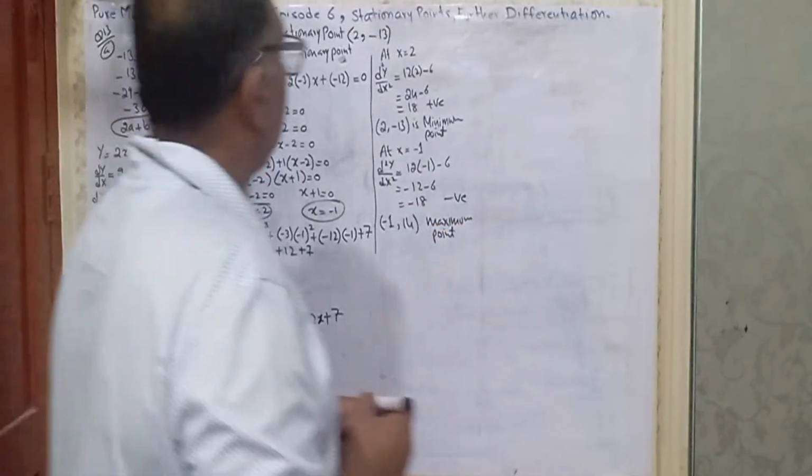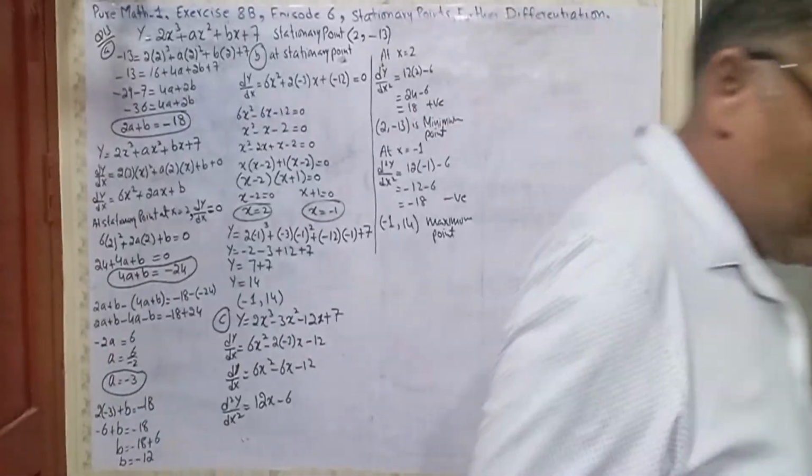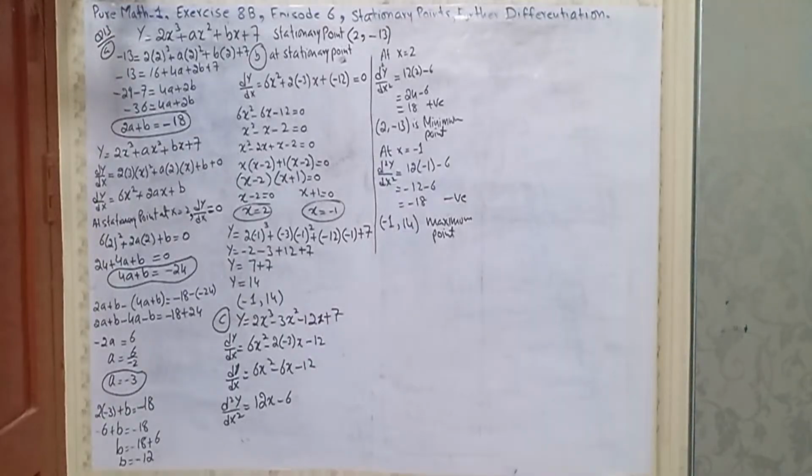So this is my C part. Let me check this answer as well. 2 comma minus 13 is the minimum point, -1 comma 14 is the maximum point. So this is the C part of question number 13.